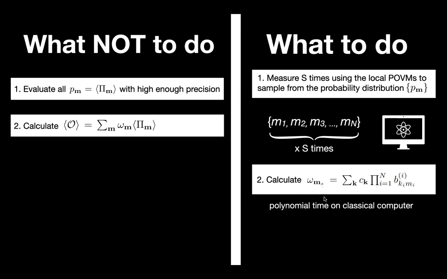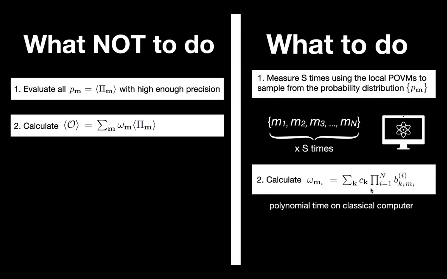This is super important here. These coefficients can be calculated because we have the corresponding expression, and they can be calculated efficiently on a classical computer. We can prove that we can do it in polynomial time. So this step number 2 is all on a classical computer.